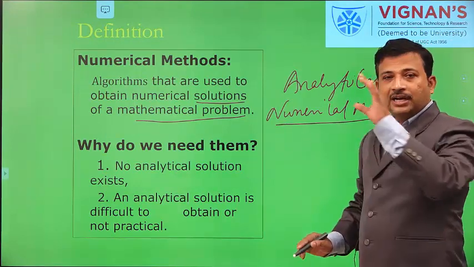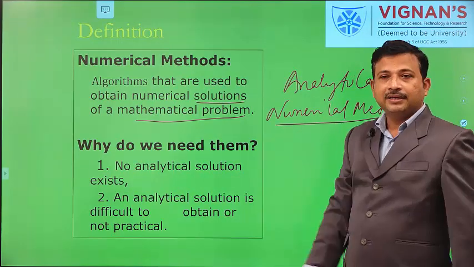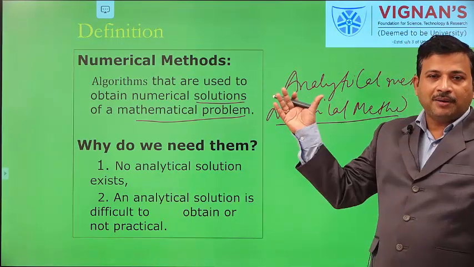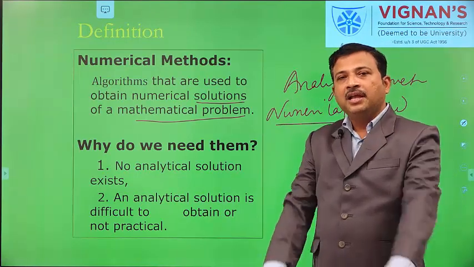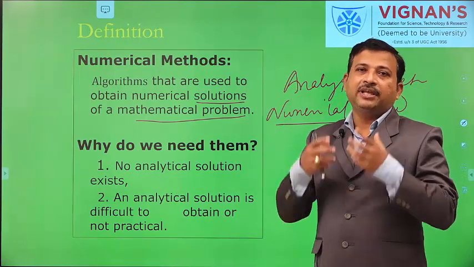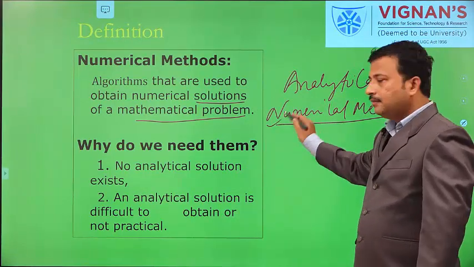Is it clear? I told you when to use numerical methods and when to use the analytical solution. If our boundary, the context, is very small, we use the analytical method. If the context is very high, very huge, then we have to use numerical methods.